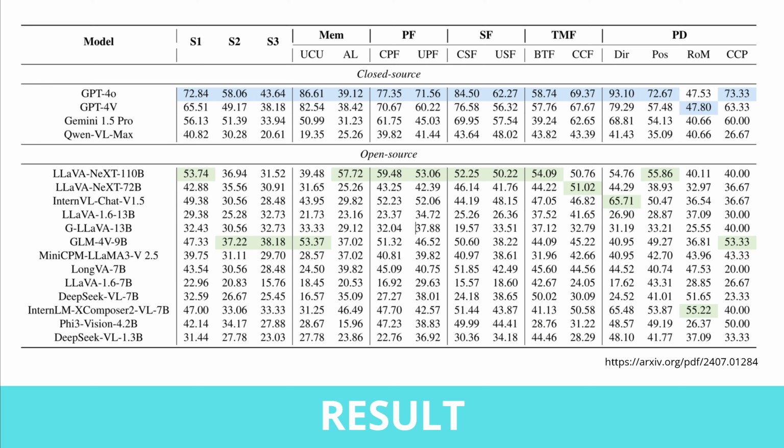Great. But it tells you, if you have a specific problem, let's say in this particular case, now you can choose, or you see that this model here, GLM for Vision with 9 billion trainable parameters, is the best performing of the open source models in your specific category.